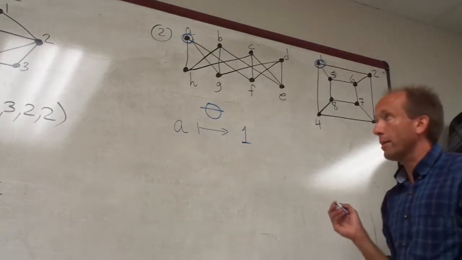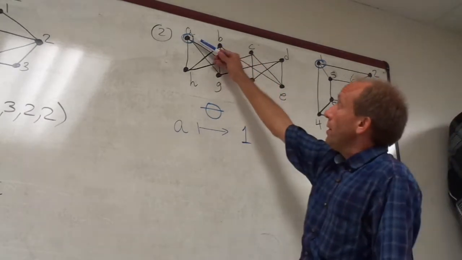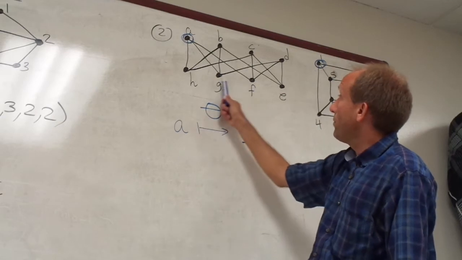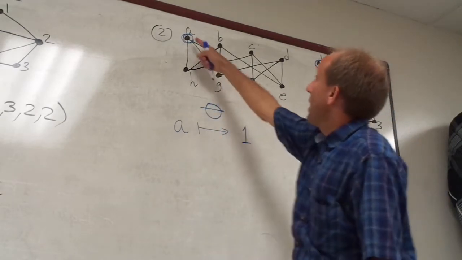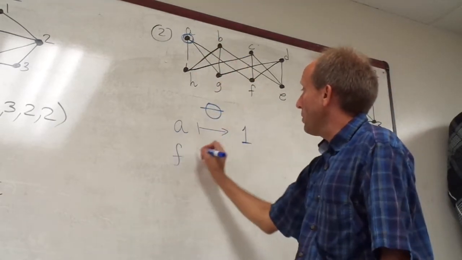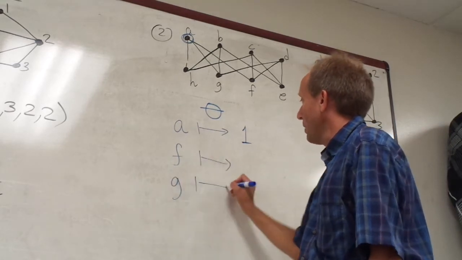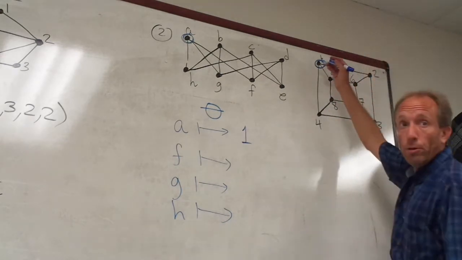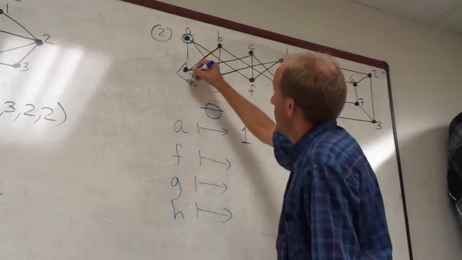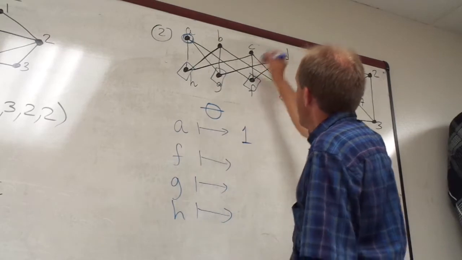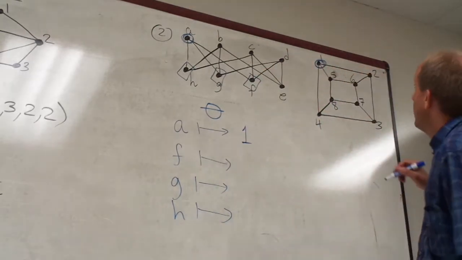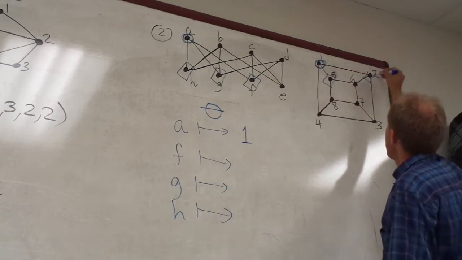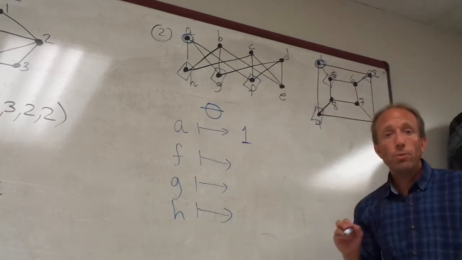Now, here's the next thing to realize. The 3 vertices that are connected to vertex A are F, G, and H. You can see that from the way the edges are. So what I'm going to do next is try to figure out what happens with F, G, and H. Let me put little diamonds around those vertices. If I go over to the second graph, I also have 3 vertices that are connected to vertex 1.